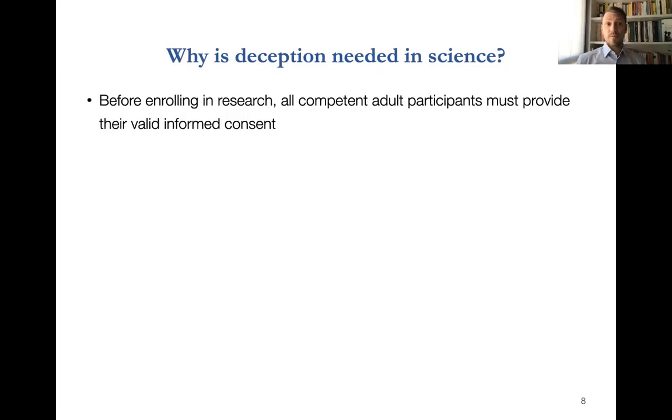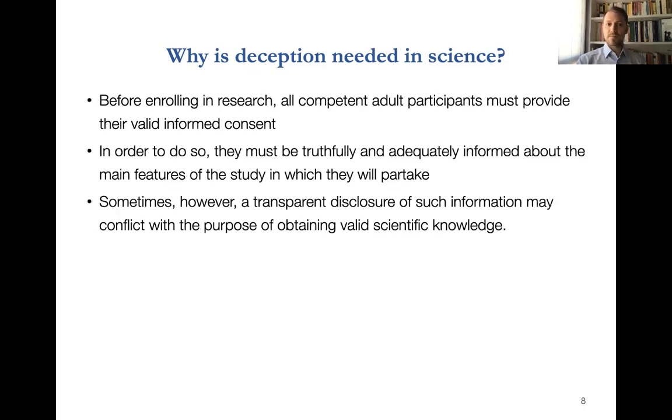Well, as you well know, before enrolling in research, all competent adult participants must provide their valid informed consent. And in order to do so, they must be truthfully and adequately informed about the main features of the study in which they will partake.